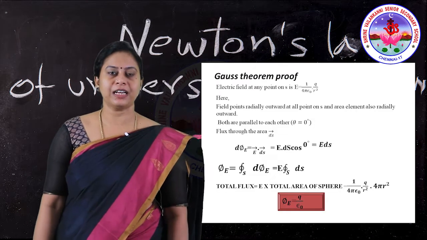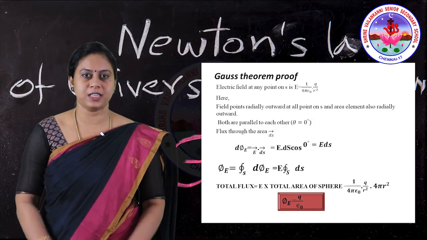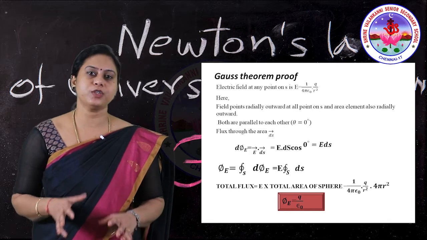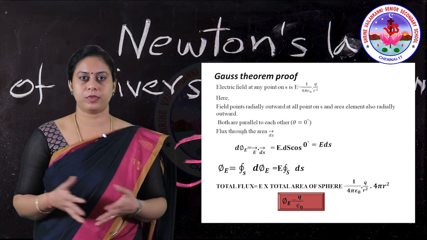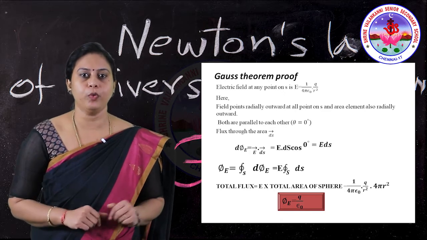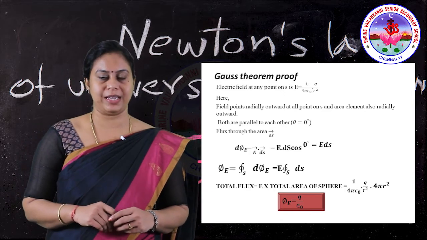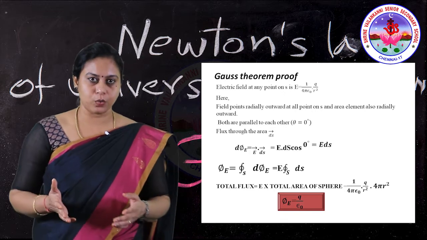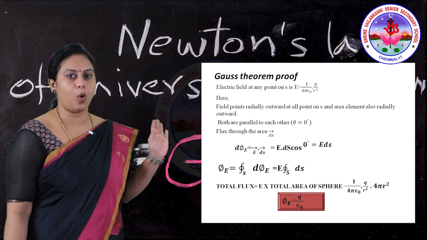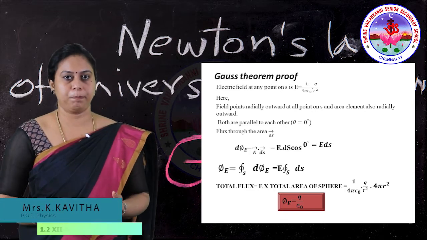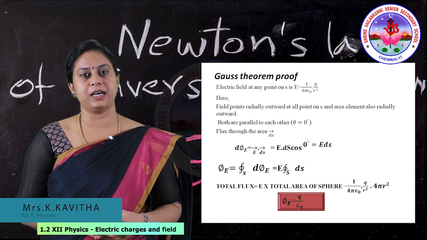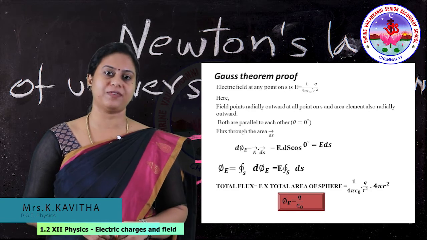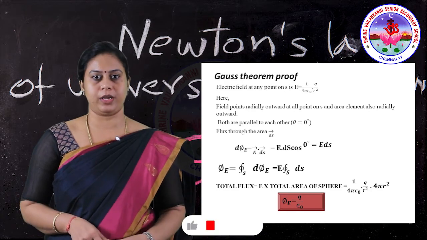Now, here the clever choice of surface, that is the sphere we have taken, makes it very easy to find the electric field lines produced by the charge. We'll see the proof. The electric field is equal at all places, that is E is equal to, as per Coulomb's law, 1 by 4 pi epsilon naught Q by r square.